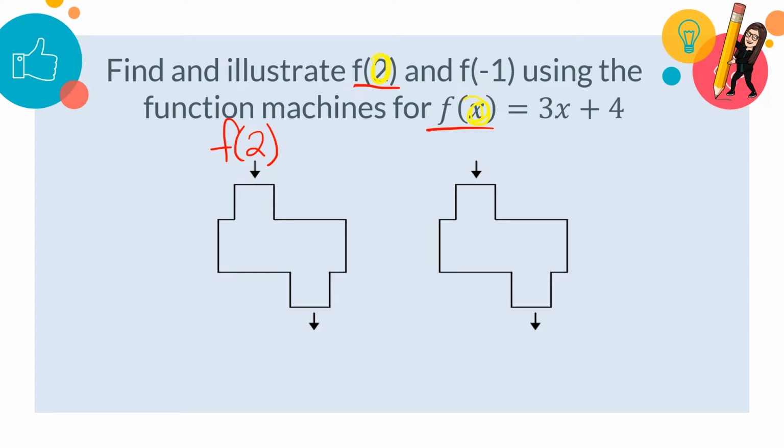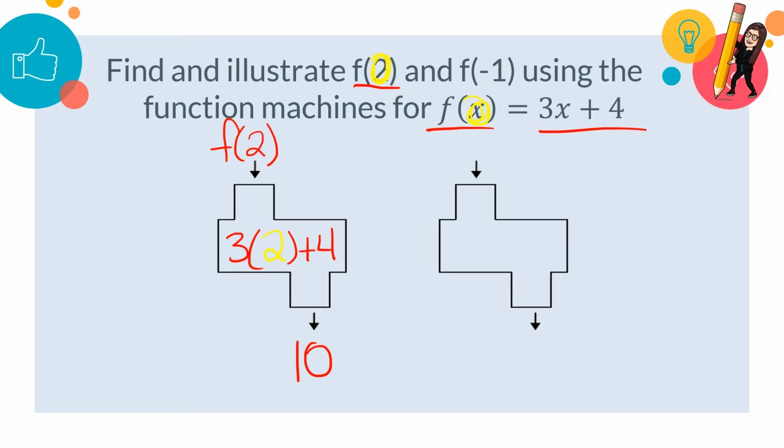So the rule says 3x plus 4. Well, instead of x, we're told to plug in a 2. That's the only difference here. We're just being told what to plug in another way. And then we can calculate 3 times 2, 6, 6 plus 4, 10. Don't forget your rules of PEMDAS. We're going to multiply before we add.